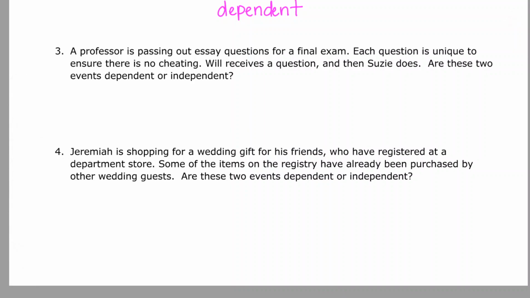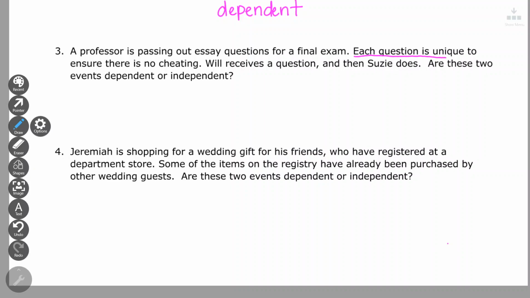Because the teacher is only giving one essay question to each student, and each question is unique to ensure that there's no cheating, this is a dependent event. Each student is going to have a different question, so if one student gets one question, that question is no longer available for another student to pick. So that is why it's dependent.